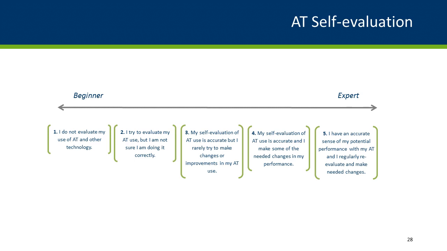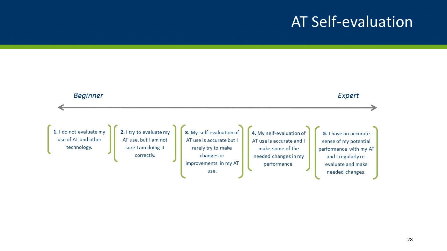Again, with all the indicators, we have a beginner level, and a 1 would be a student that doesn't look at how their AT is working for them. They might have it, they might have advocated for it, but they're not really reflecting on, is it improving or helping with my academic performance? And a 5 is having an accurate sense of what the AT is doing for them and regularly reevaluating it.